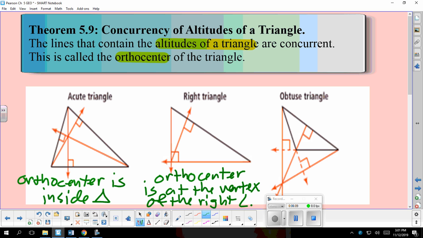Notice our altitudes in the right triangle are just the legs of the triangle, so the intersection is where that right angle is. And in an obtuse triangle, the orthocenter is outside the triangle.